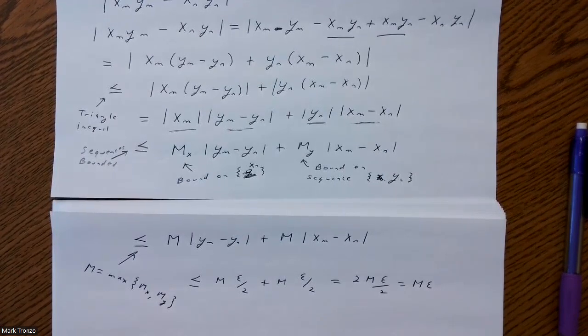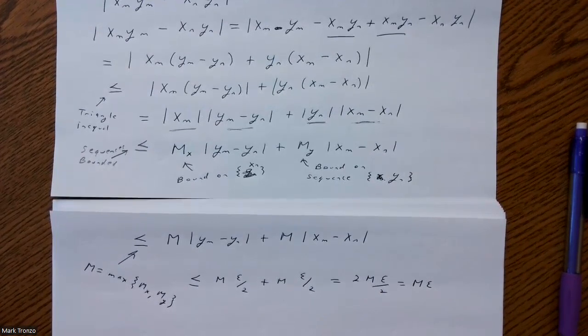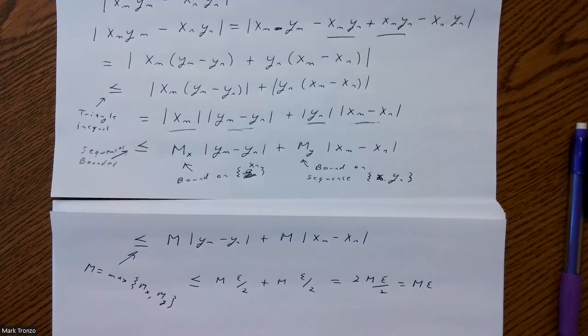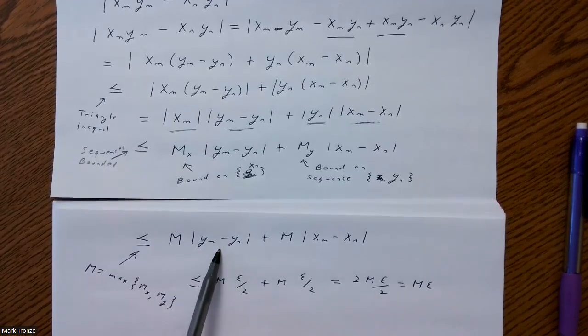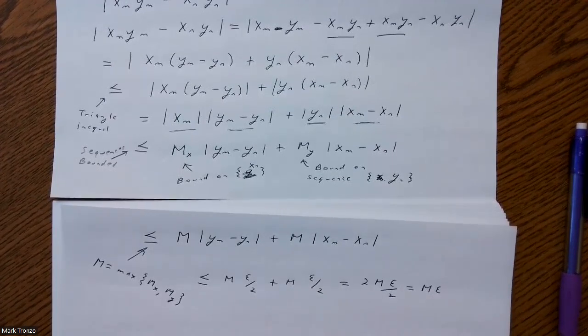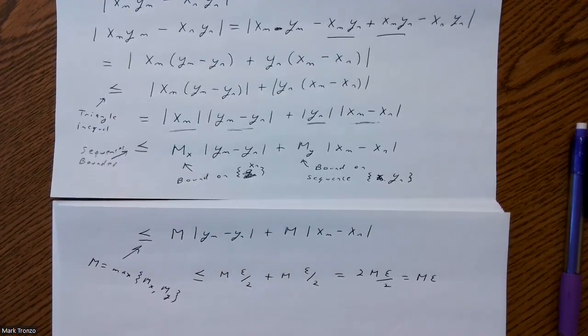So let's see how we could fit that in. So what would, let me think, what would we have to set? So we're going to have to reset our bounds a little bit, so the bounds on each of these sequences, we're probably going to have to adjust them a little bit.